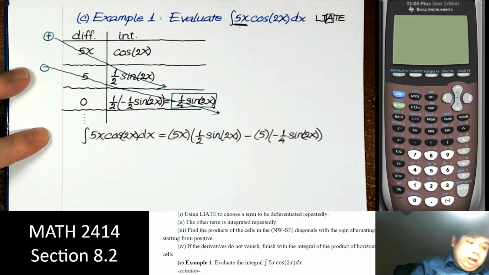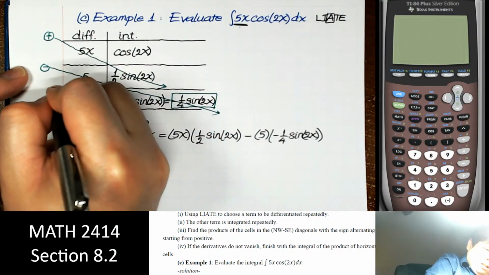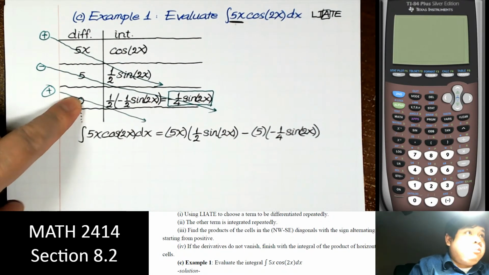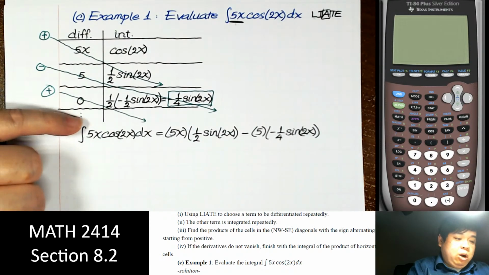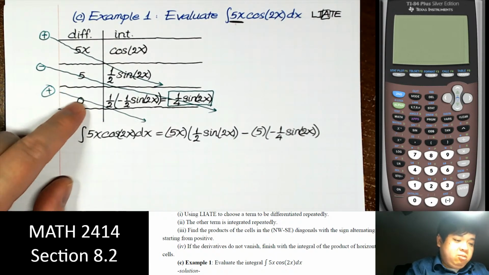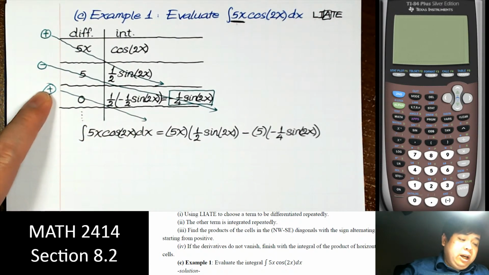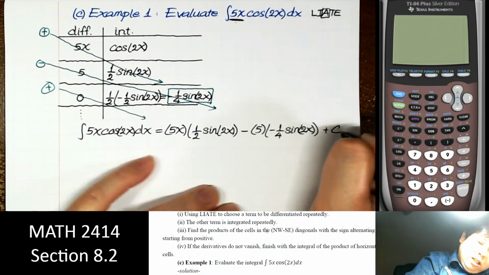And then of course we continue with the next one. However, since we have 0, all the products after this are going to be 0. So that's why we only have two of the terms. Everything else will be 0 because 0 is one of the factors, plus the constant c.